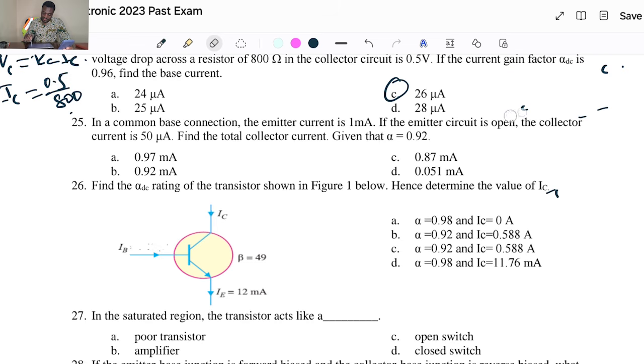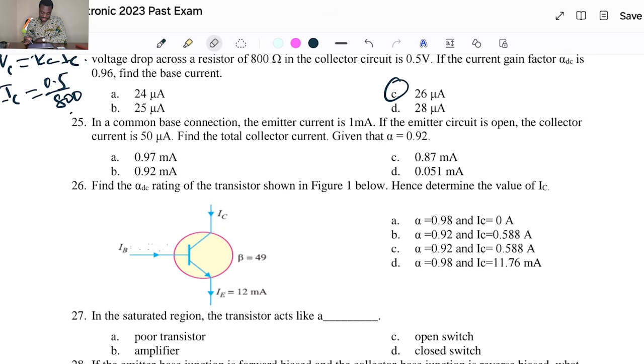With question 25, we have in a common base connection, the emitter current is 1 milliamp. If the emitter circuit is open, the collector current is 50 microamps. Find the total collector current given alpha equals 0.92.